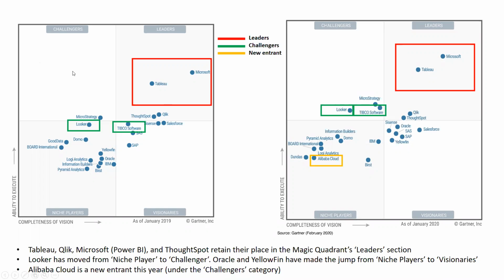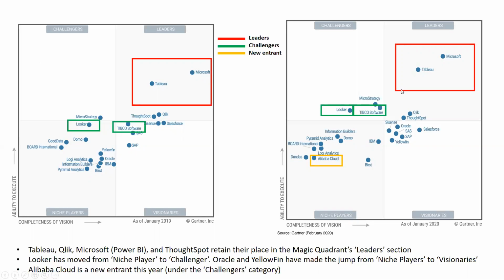The one on the left was the ranking as far back as January 2019, and the one on the right is February 2020. What you can see basically is that the leaders have not changed. Tableau and Power BI were the leaders in 2019, and the same trend continues in 2020.